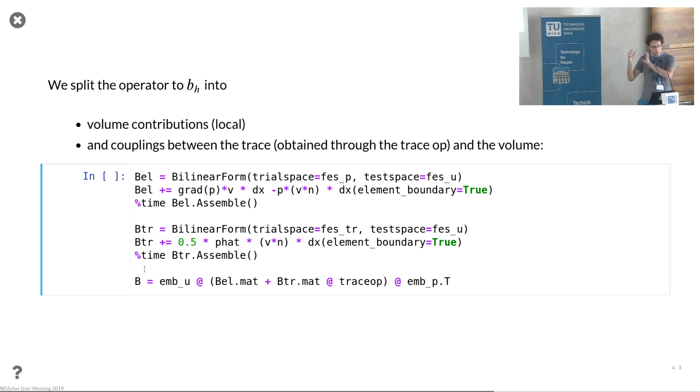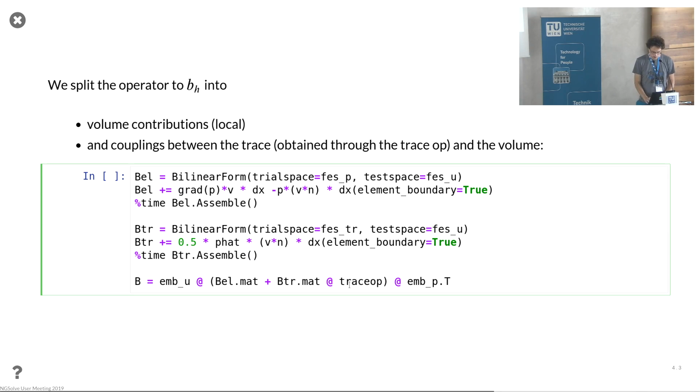So we want to have a splitting into one part which just involves element local quantities and one part which involves the coupling between the traces and the interior. So this is B element and B trace parts where we write down what we had before. And again, P hat is the sum of the two neighboring traces. And this is kind of the way you write down the same formulation, so the centered flux approximation that we had before, now with those variables.